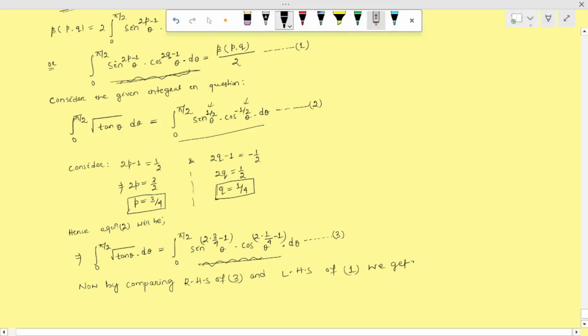Here I am comparing the RHS of equation number 3 and LHS of equation number 1.